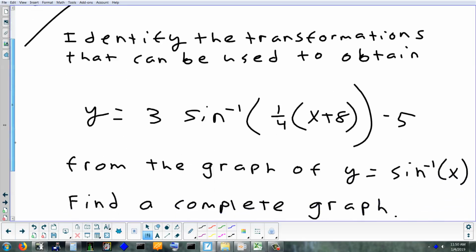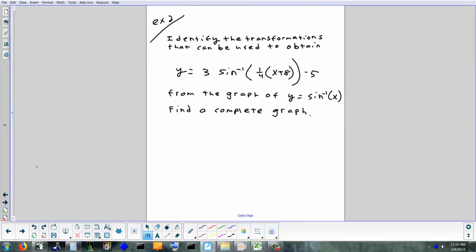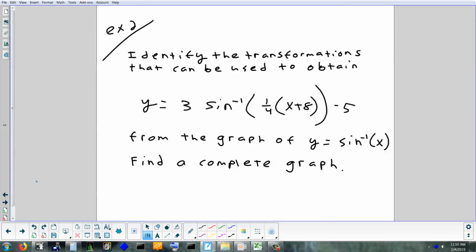All right, so what's this? Just identifying the transformations. You don't have to tell me domain and range. It's not quite set up to do it yet. What do you think you should do first?